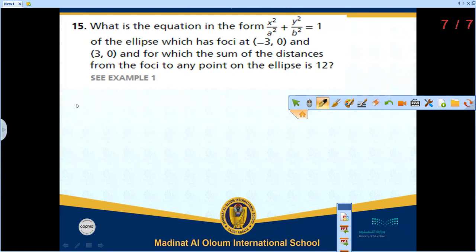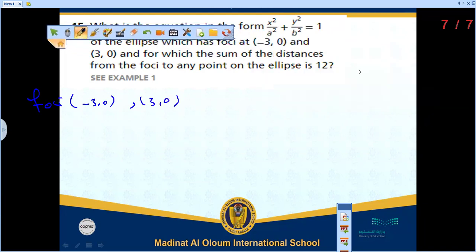I give you foci: negative 3, 0, and 3, 0. Is this vertical or horizontal? Yes, it's horizontal. It means my ellipse is horizontal, so a squared goes with x. I need this one: x squared over a squared plus y squared over b squared equals 1. Why? Because my foci are on the horizontal.